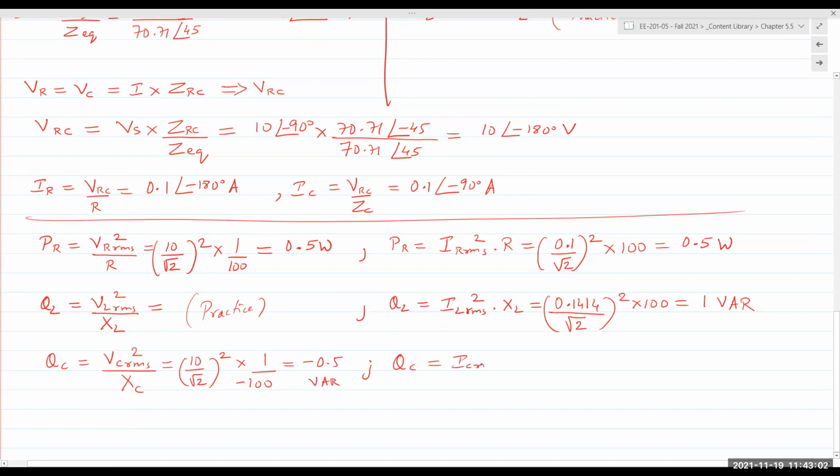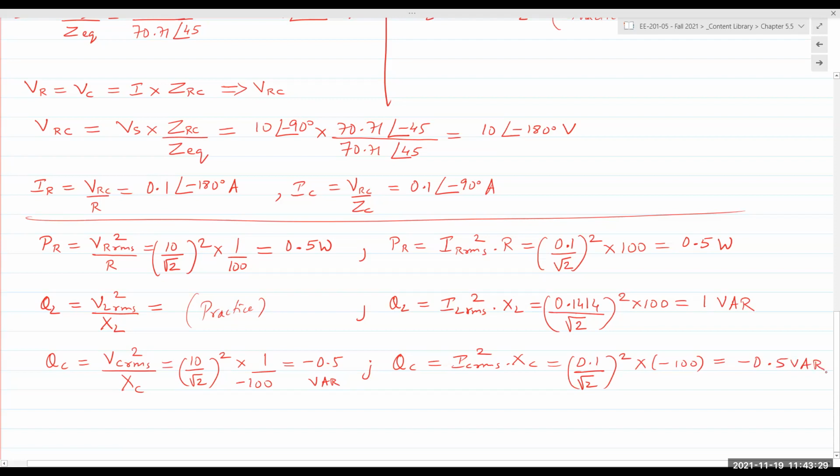Here it's ICRMS squared times XC. Again, 0.1, not 1414, sorry, 0.1 divided by root 2 squared times minus 100 gives me minus 0.5 VAR.